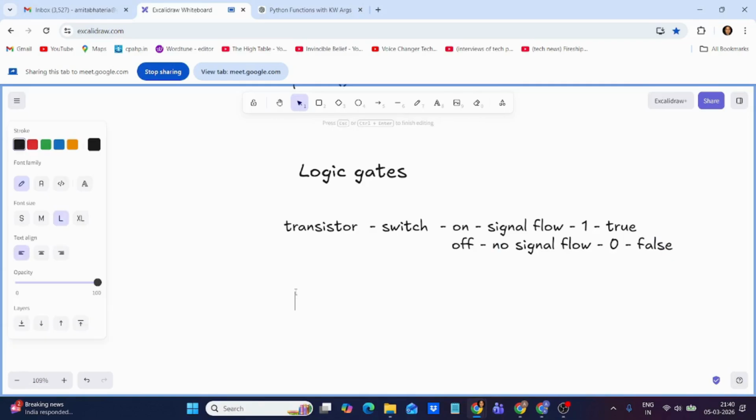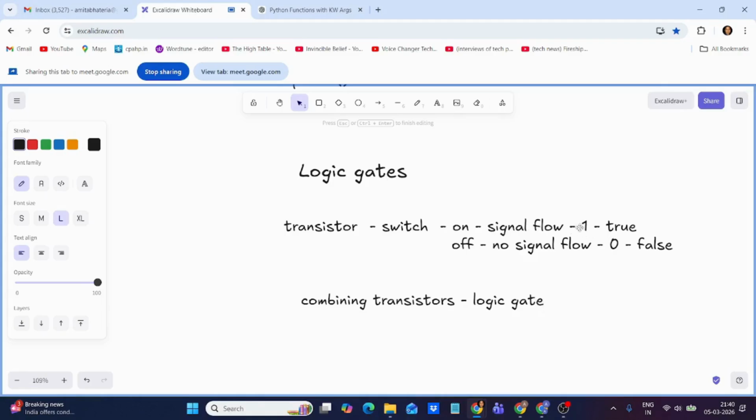Now, in logic gates, what you read is that by combining different transistors we can form a logic gate, right? We know that a transistor can have a value of either 1 or 0.